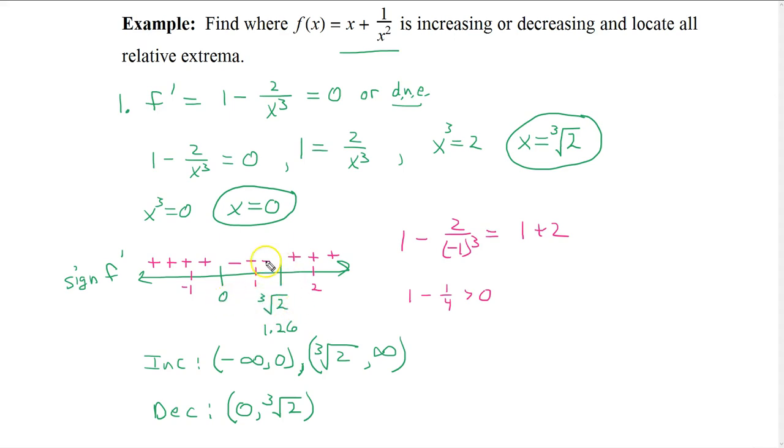Now at the cube root of 2, our function is decreasing and then increasing. It looks like this is going to be a relative minimum. Just double check, can we put the cube root of 2 back into our function? Yes, we have no problem there.